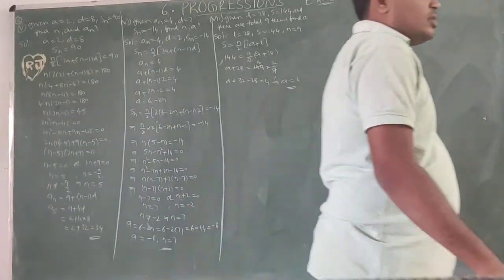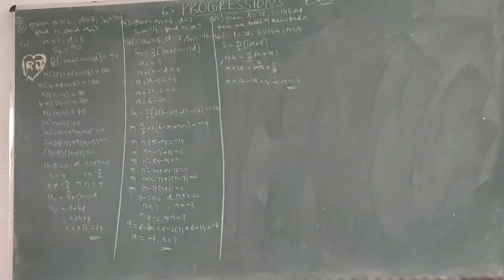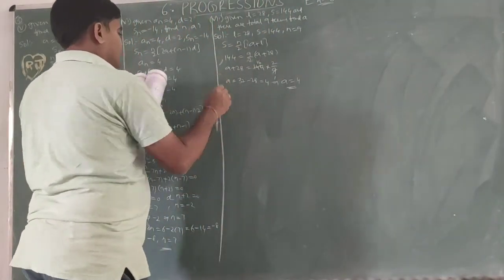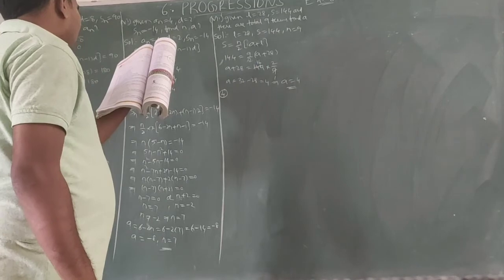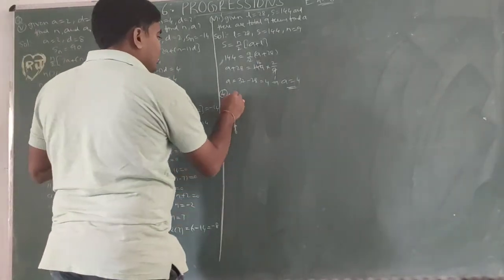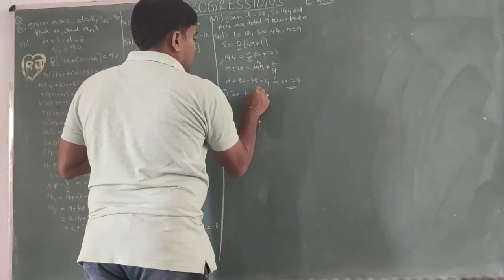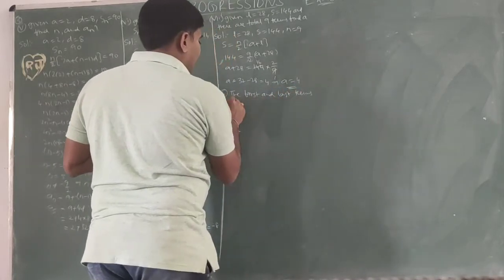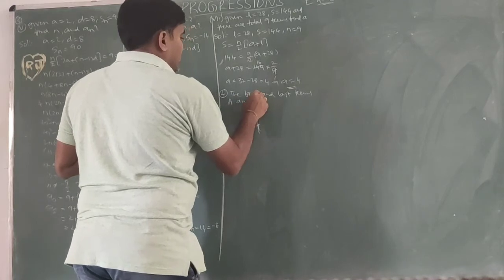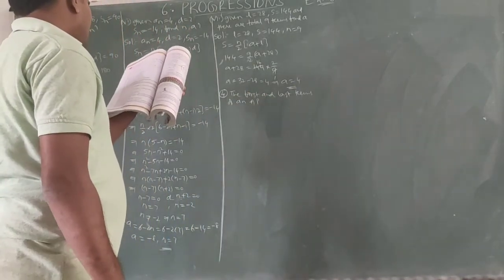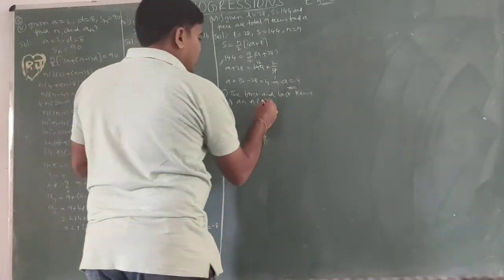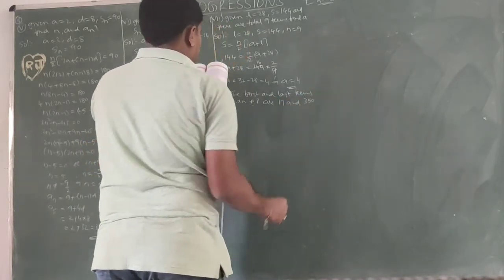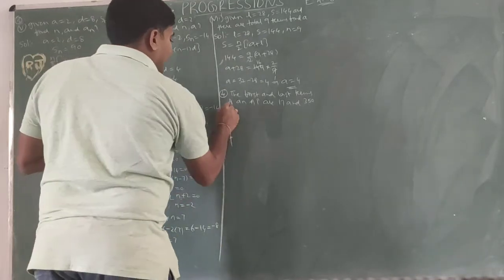Okay, next question, number 4. The fourth question is: the first and last terms of an AP are 17 and 350 respectively.